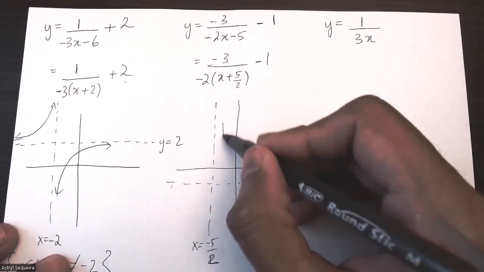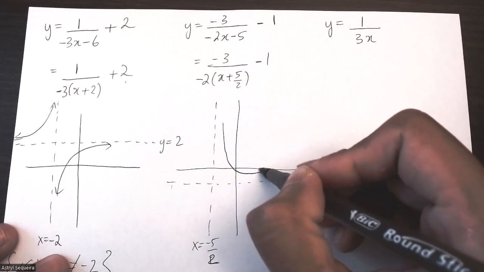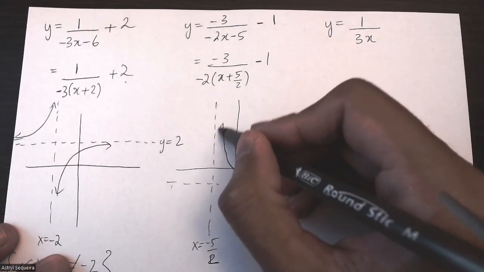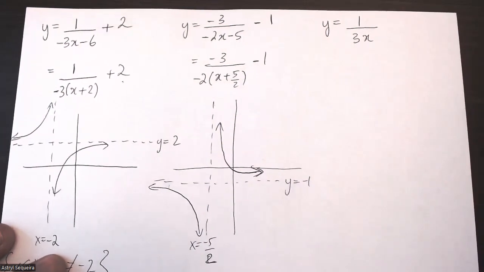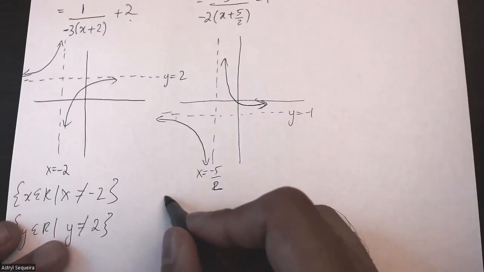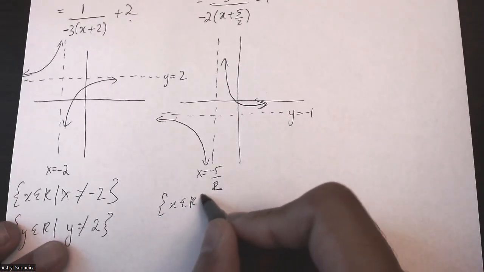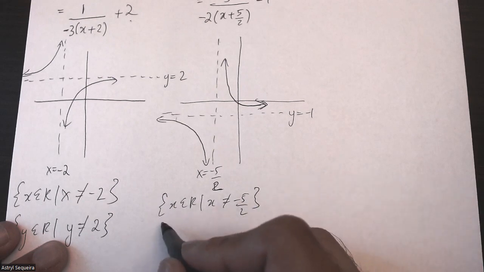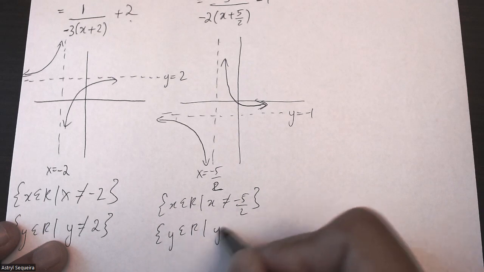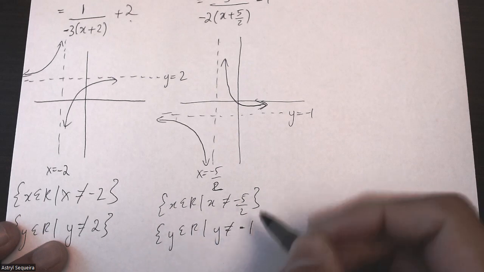We're just going to be in the original two quadrants and look something like that. Domain is just x cannot equal -5 over 2, and range is y cannot equal -1.